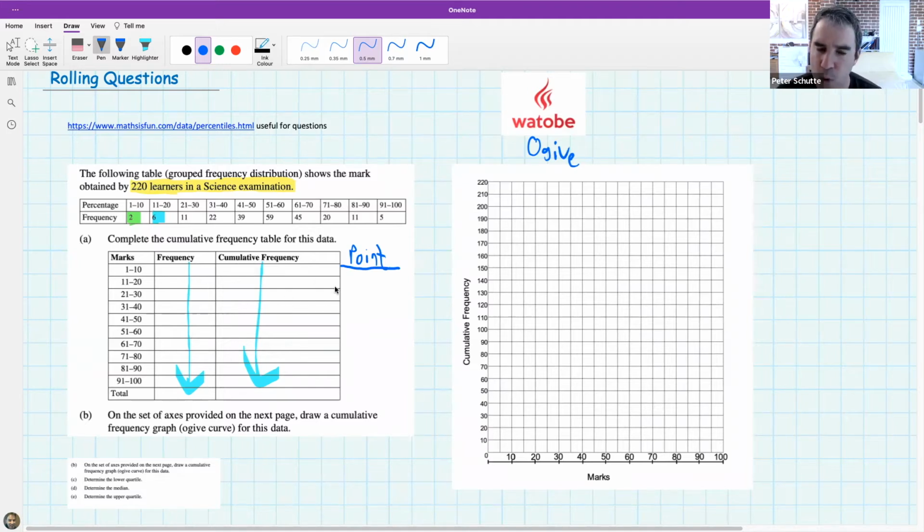There's one important thing we have to remember when we plot the point, and I'm going to ask someone to please reply in the chat as to what that important idea is when we are figuring out this point. Over to you guys.